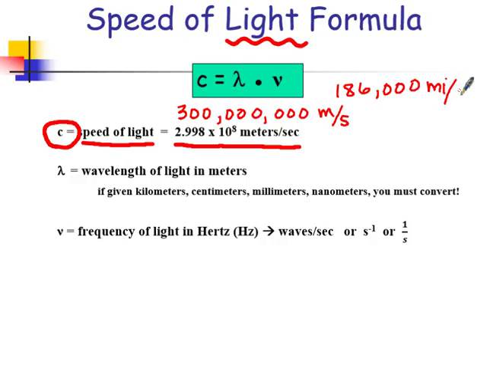Let me give it to you in perspective. Ready? If I had a light particle right here and I could pinch it between my fingers and hang on to it for a second, and then I said, on your mark, get set, go, and I let this guy go, he could circle the equator of the Earth 7.5 times in 1 second before it got back to me.